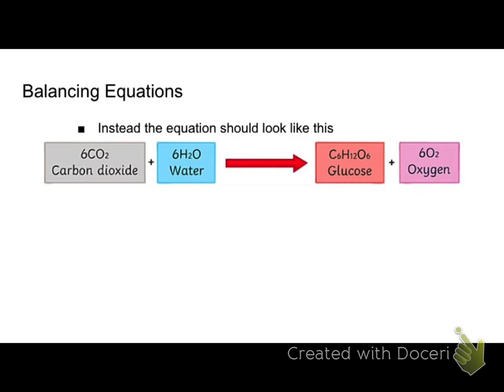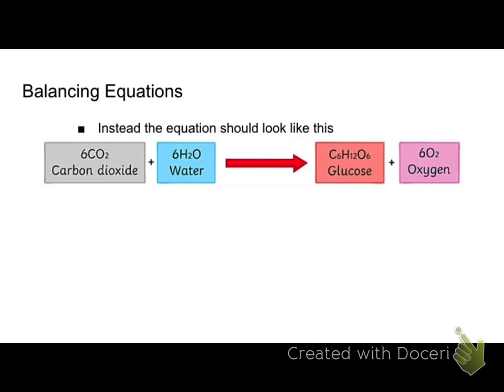That means that we have 6 molecules of CO2. We could write CO2 6 times. So you'd wind up with 6 carbon and 12 oxygen, because 6 times 2 is 12.